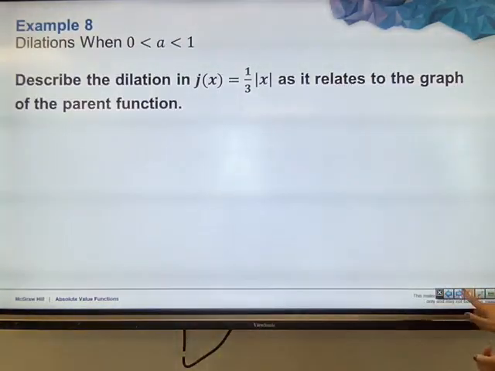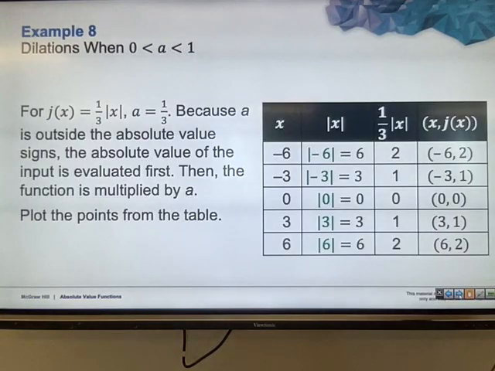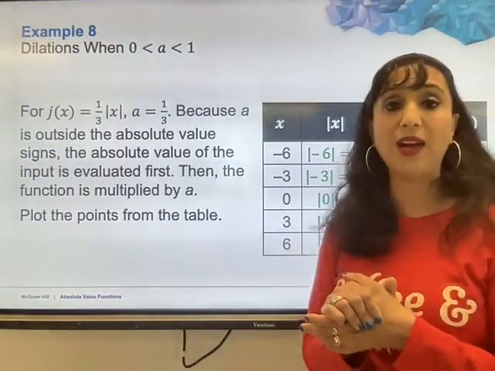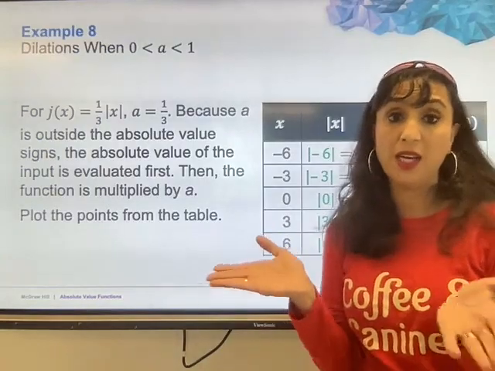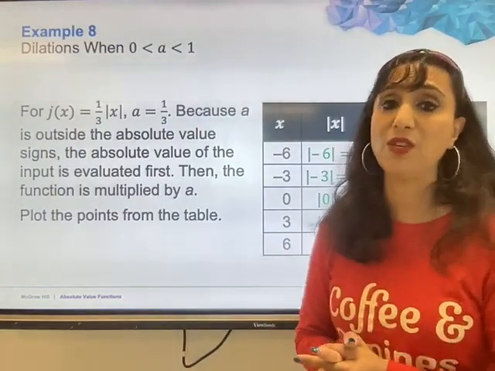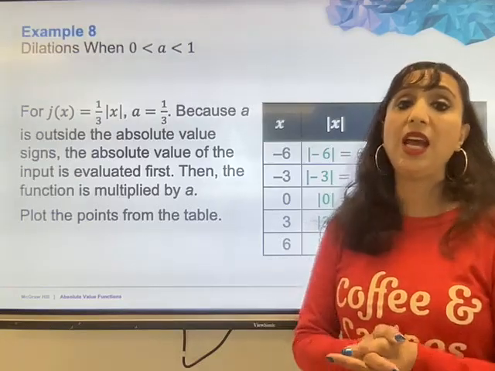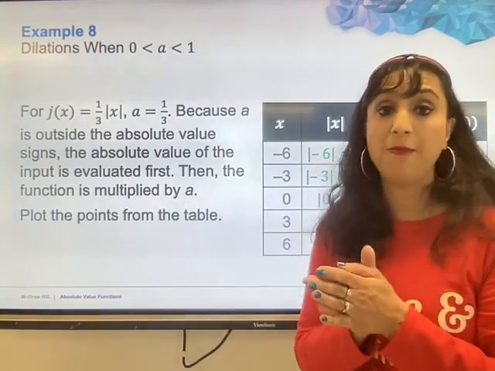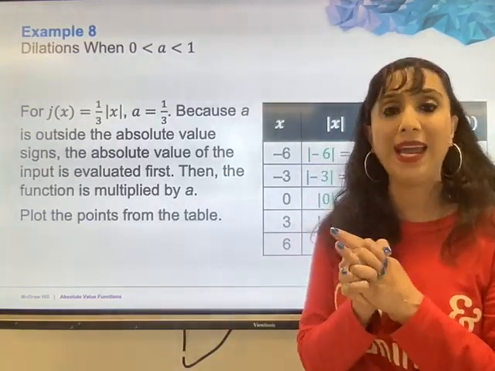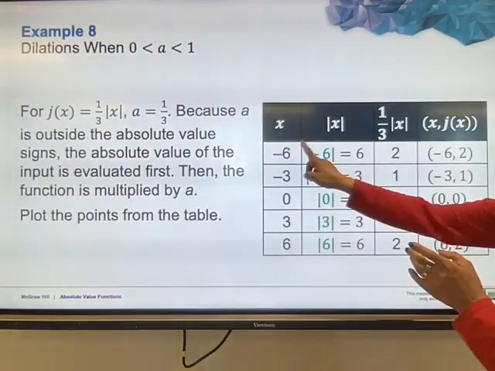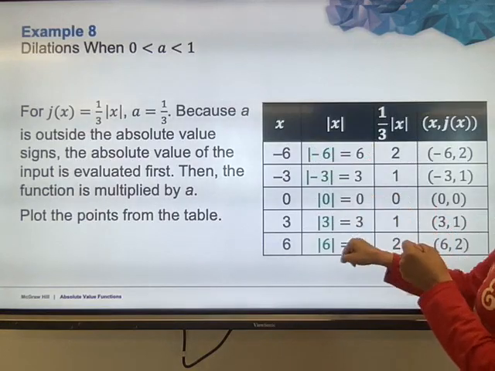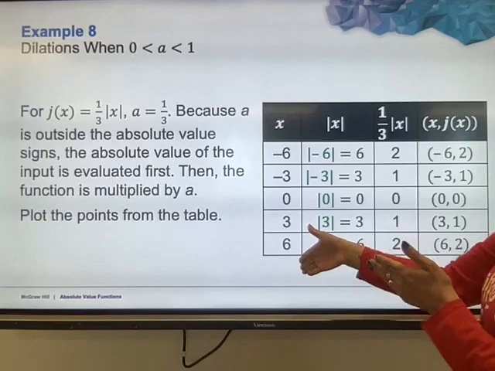So here we go. Here is my table that we have created, and for j of x is equal to 1/3 absolute value of x, a is 1/3. Because it's outside the absolute value sign, the absolute value of the input is evaluated first, before I multiply by a. So the absolute value of -6 is 6, of -3 is 3, of 0 is 0, then 3, 6.